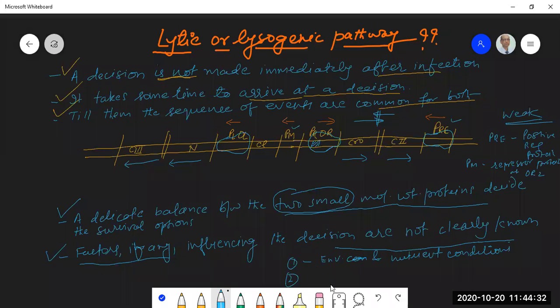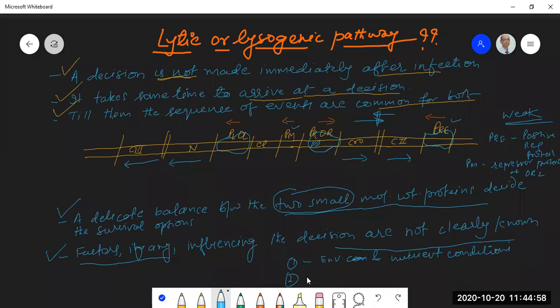And if the conditions are not favorable, then obviously, as a student also we can say, logically speaking, that it should go for lysogenic pathway. When the outside conditions are not comfortable, there are not enough nutrients available, environmental conditions are harsh, then it should go for lysogenic pathway, and it can remain in lysogenic pathway for generations together.